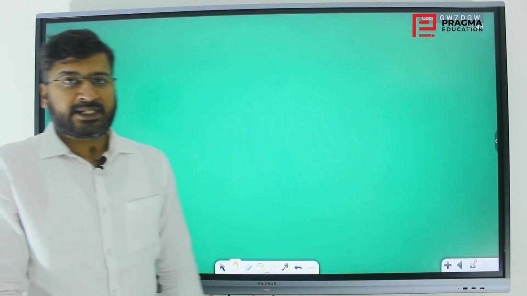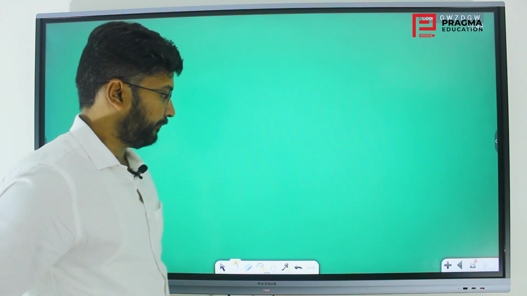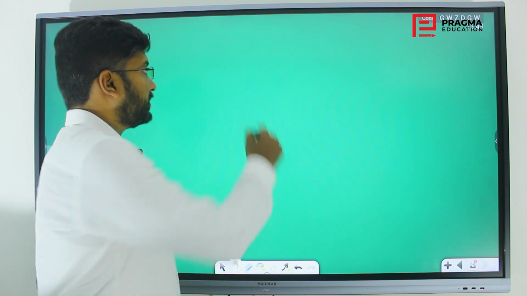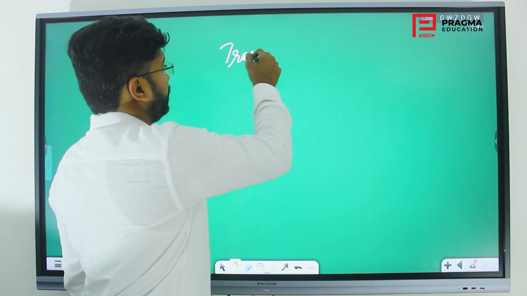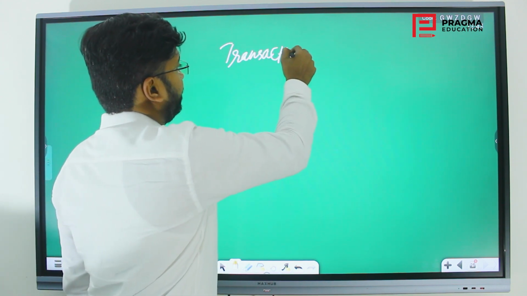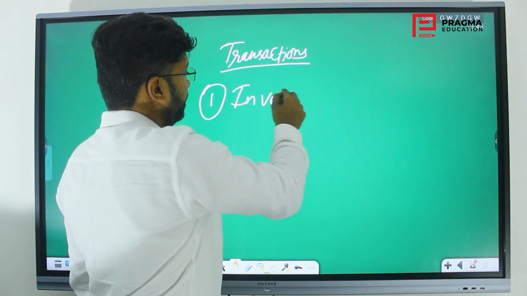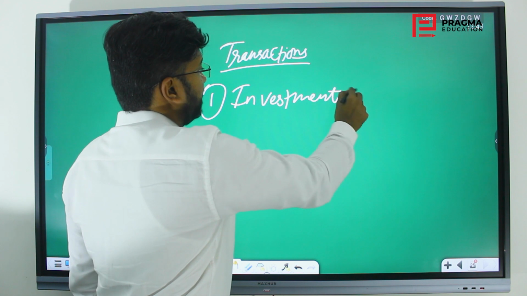Next, what are the major indices or the barometers in these share markets or the stock exchanges? There are two types of transactions that take place in stock exchanges. One is investment transactions.